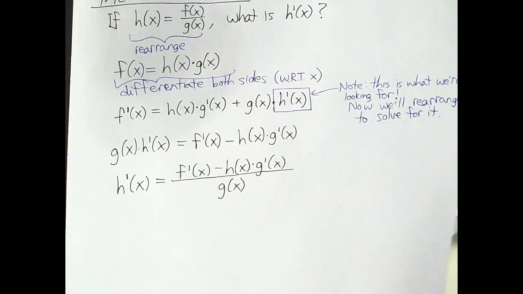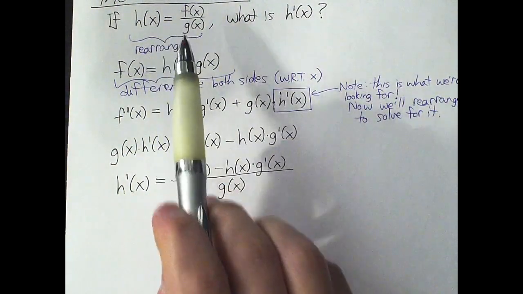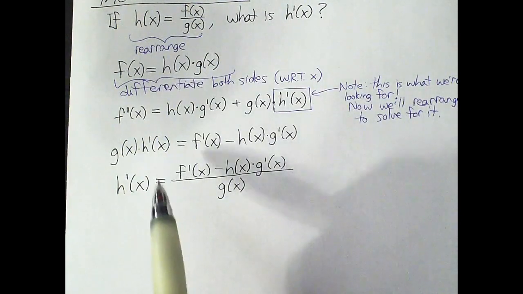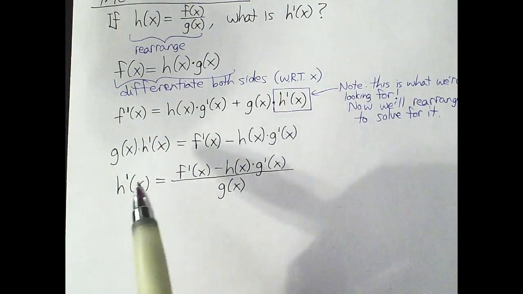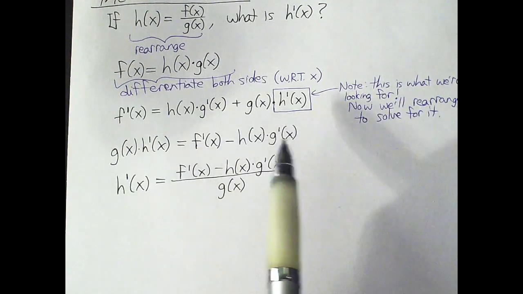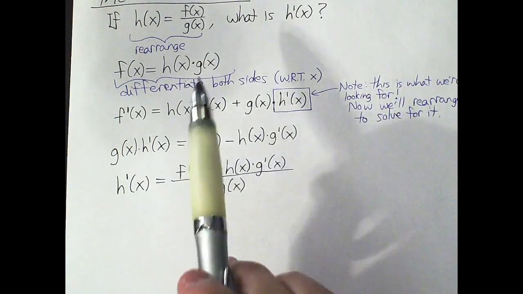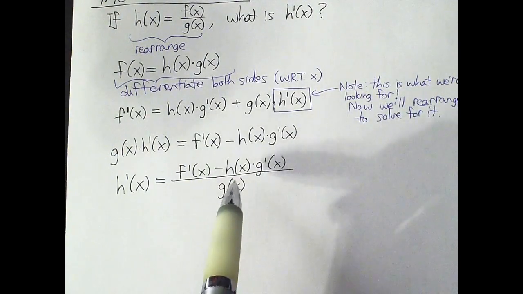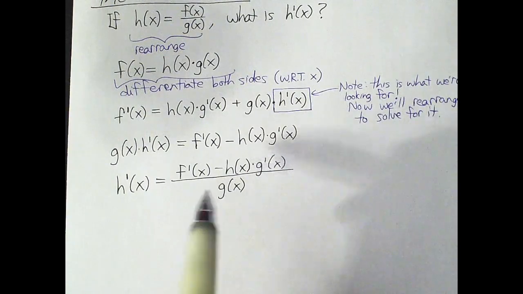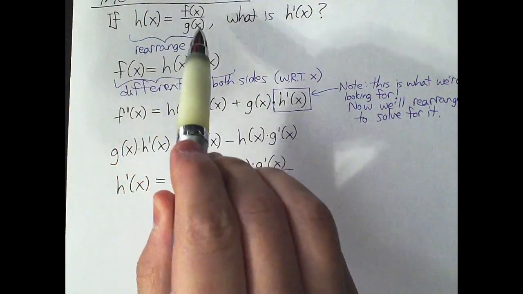Now, here's the thing. I don't really like the formula that we've gotten. I guess you could say we found h prime of x. It equals this formula. I don't like that the formula has h in it. It would be nicer if we could get an answer that just involved f's and g's, because the original problem was f of x over g of x.